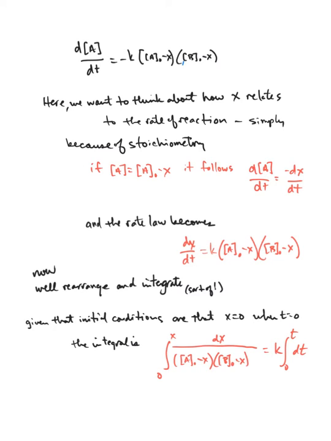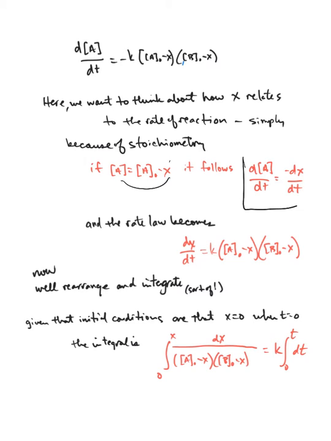Now simply because of the stoichiometry, in other words, if 1 A reacts with 1 B, then the amount x that you're subtracting from the original A is going to be related to the rate of change of A. Let me say that again a little bit more clearly. As A is decaying, that is obviously going to be related to the amount of x that reacts.